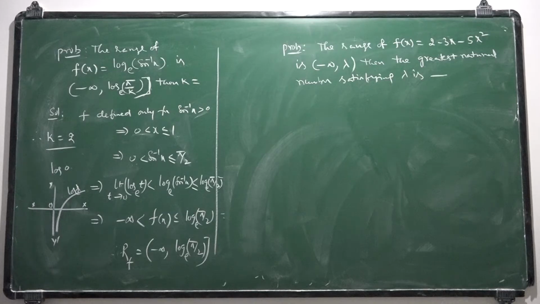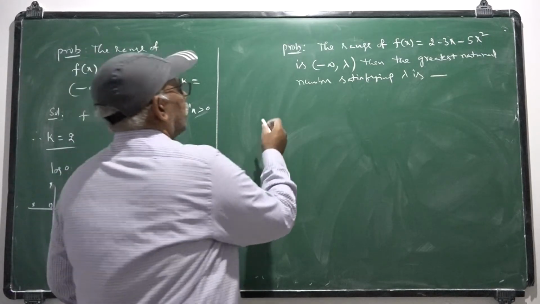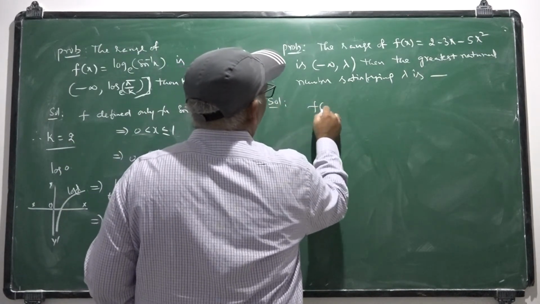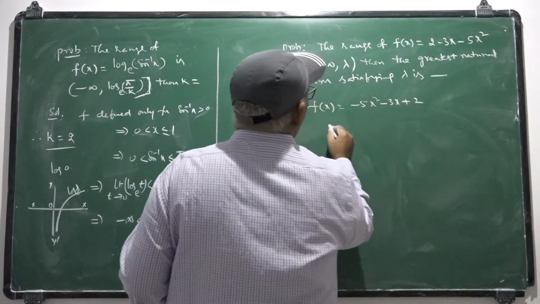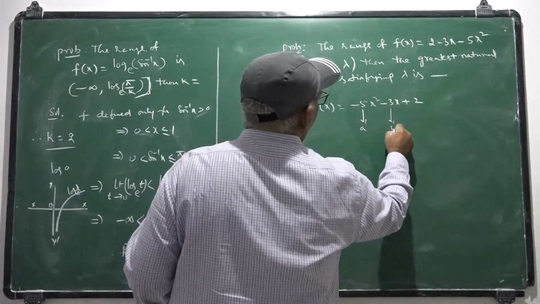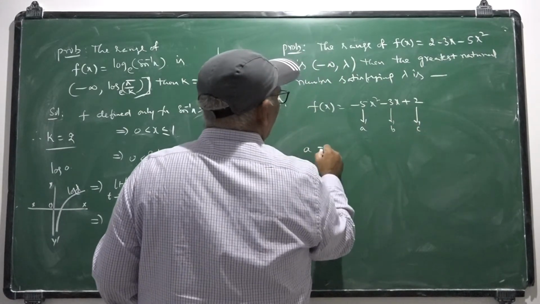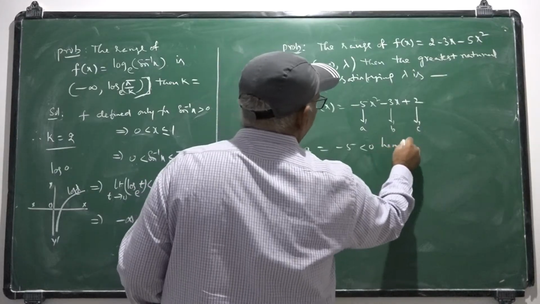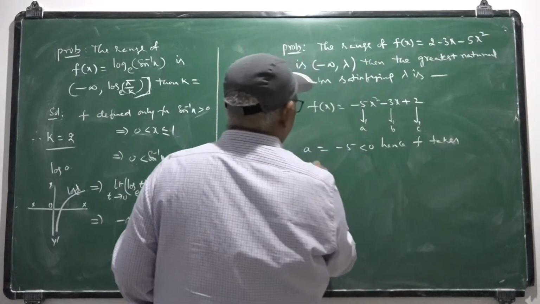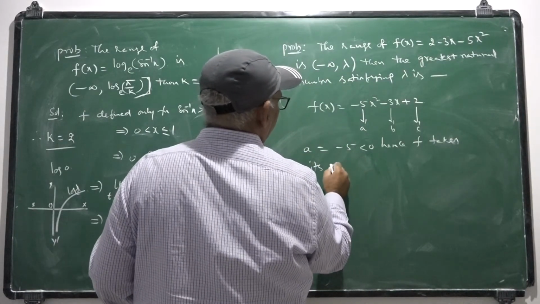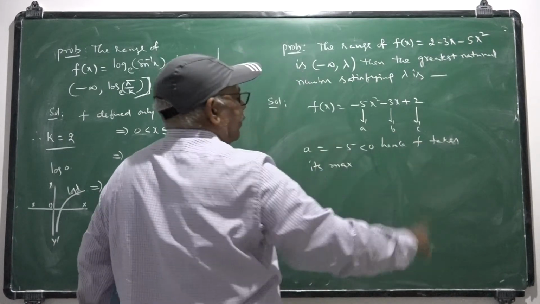Here f(x) is a quadratic, given as 2 minus 3x minus 5x square, that is minus 5x square minus 3x plus 2. This is A, this is B, this is C. A equal to minus 5, which is less than 0. Hence, f takes its maximum value.